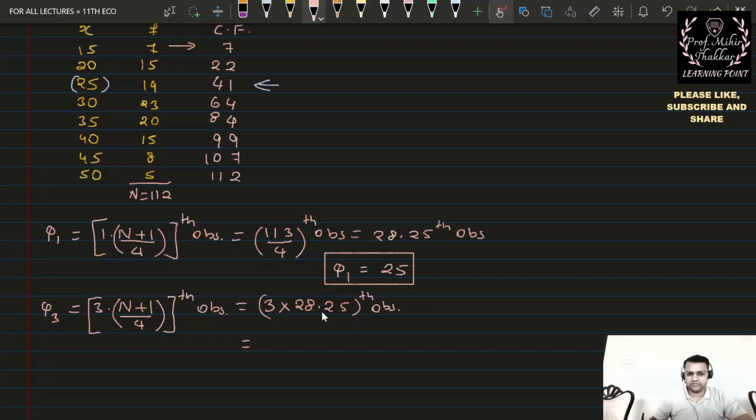So that will be 5 into 3, that is 15, 1 carry, 3 into 2, 6 and 1, 7, 8 into 3 is 24, and 3 into 2 is 6 and 2, that is 8. So 84.75th observation. So friends, cumulative frequency just greater than 84.75, I can see it is 99, and hence the corresponding value is 40, which is the required value of your Q3.